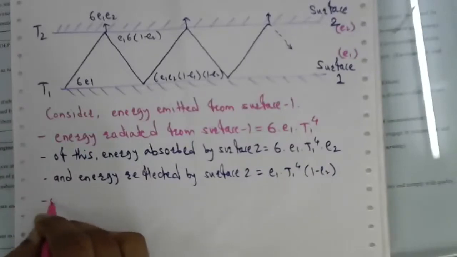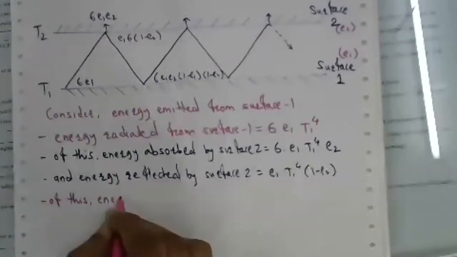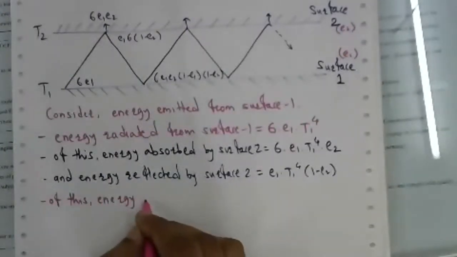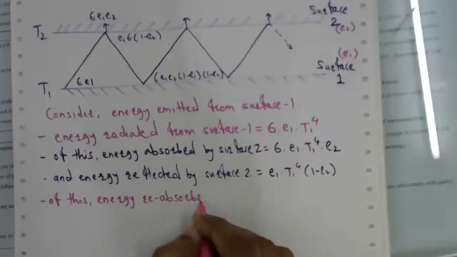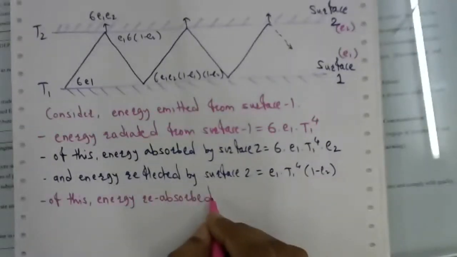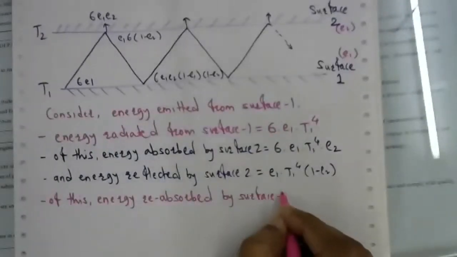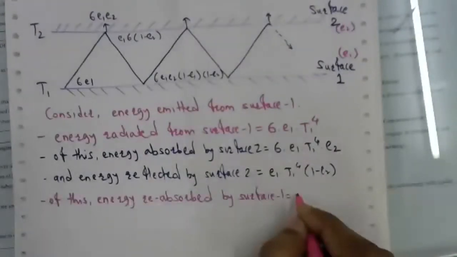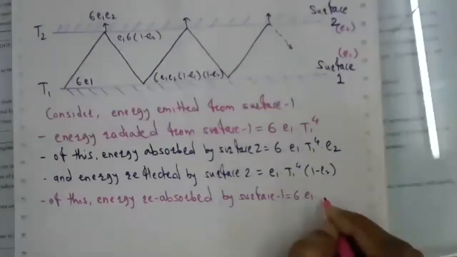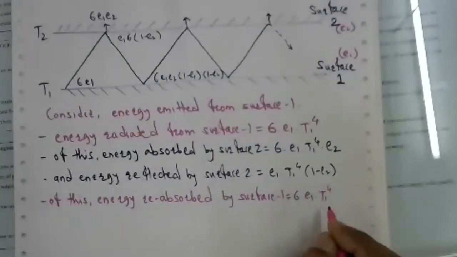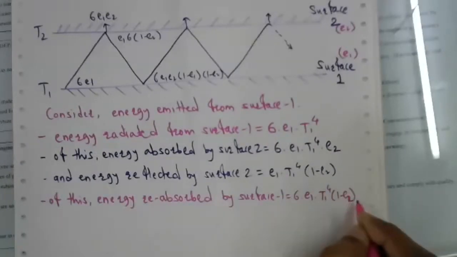Now the next step is again from surface 1 to surface 2. Of this energy, in the second step, the energy reabsorbed by surface 1 is sigma into E1 into T1 raised to 4 into 1 minus E2 into E1.